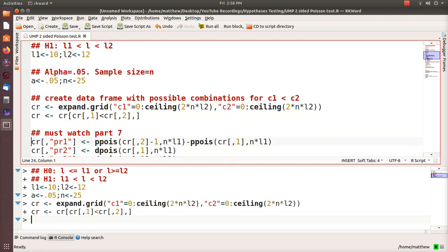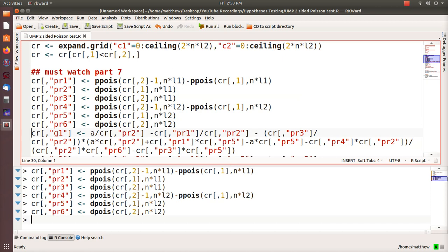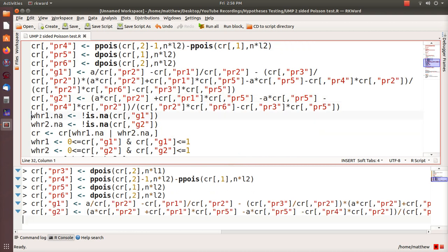Now, in part 7, we derived what these P1, P2, P3, P4, and P5 are. They're constant values for a given C1 and C2. Then we derived what the gamma 1 and gamma 2 values must be. We do not want them to be missing.